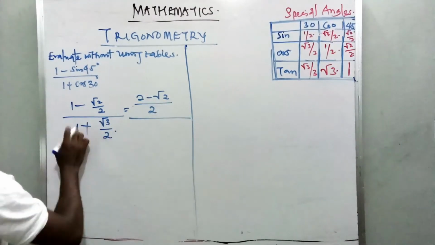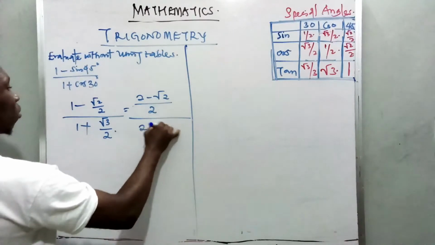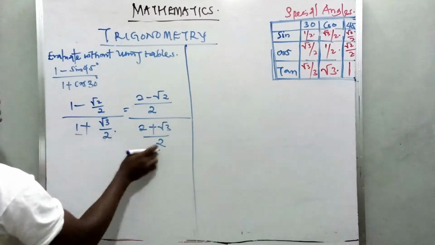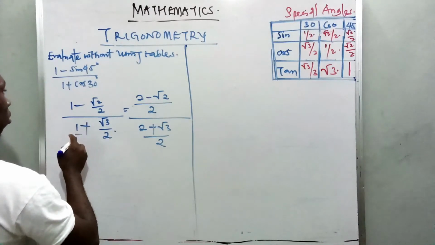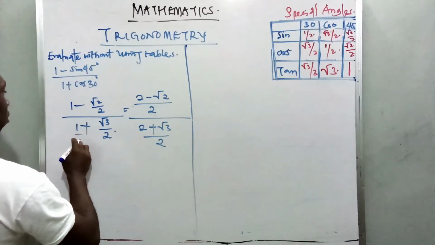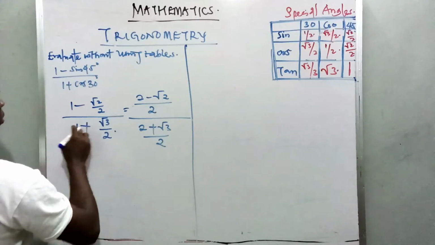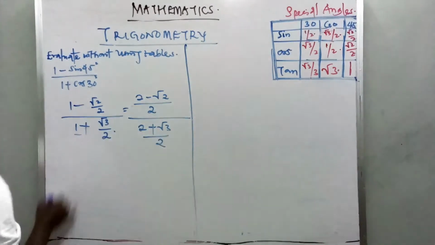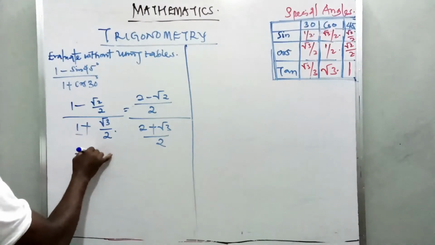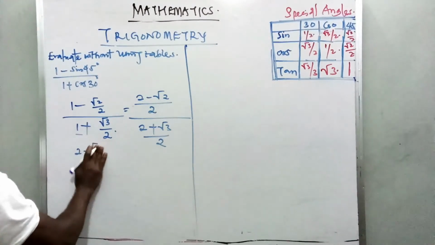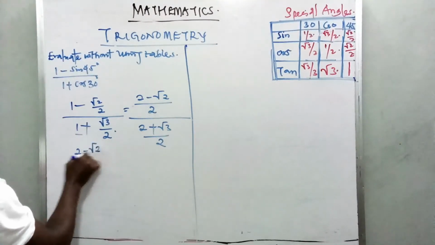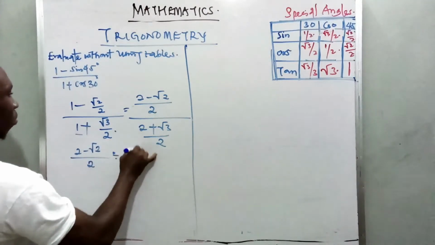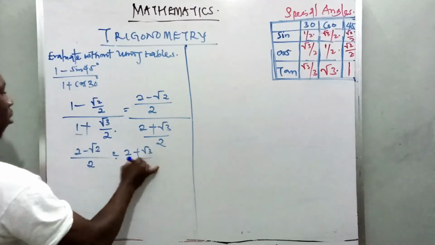Divided by this here, that's 2 plus root 3 over 2. This LCM, 2 divided by 1, 2, 2 times 1, 2, plus 2 divided by 2, 1, 1 times root 3. So at this junction, 2 minus root 2 over 2, divided by 2 plus root 3 over 2.